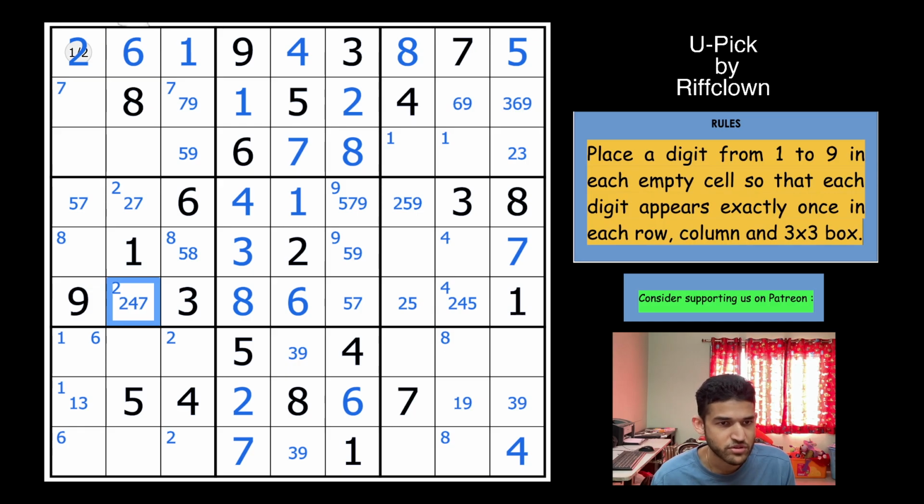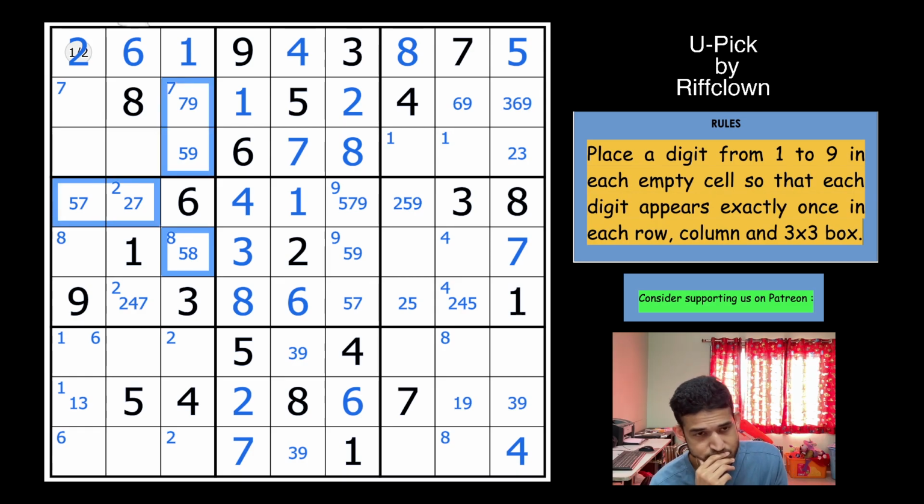So do we have some sort of chain here? 5, 8, 5, 9, 7, 9, 5, 7, 2, 7. All I can say is that these seem severely restricted.